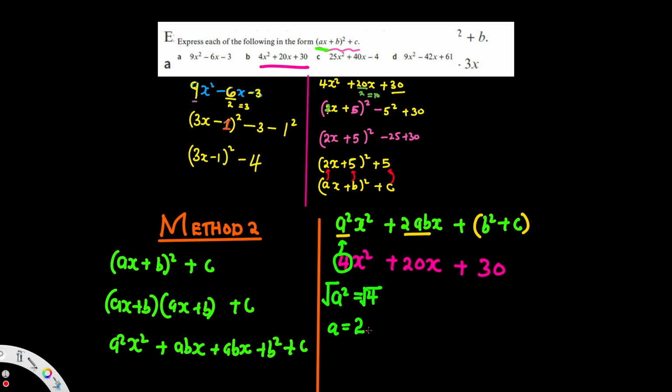Now when a is 2, I want also to see that this 2ab is well aligned with 20. So we can also say 2ab equals 20, but our a is 2. So it's going to be 2 times 2, it will be 4b equals 20, divided by 4, which is going to be 5. So our b is going to be 5.